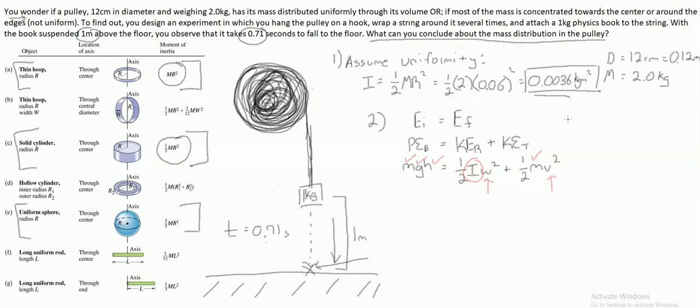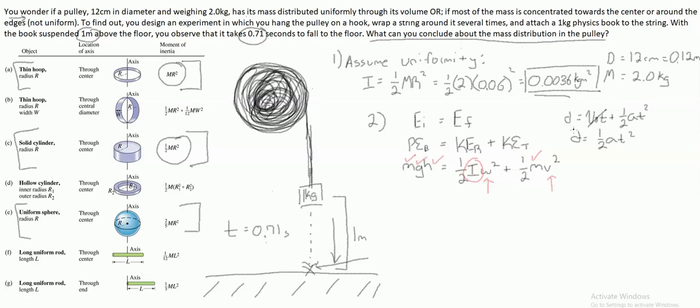I'm going to use a kinematic equation. I'll say d equals v0t plus 1/2 at squared, something we should be very familiar with at this point in physics. I know that we have no initial velocity, so d is going to be equal to 1/2 at squared.